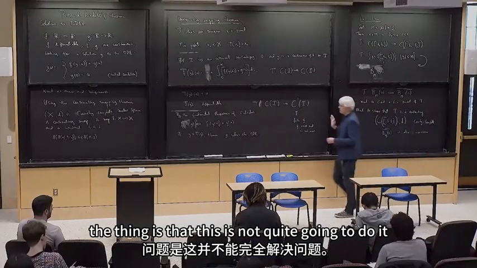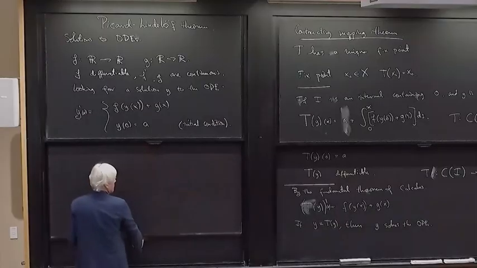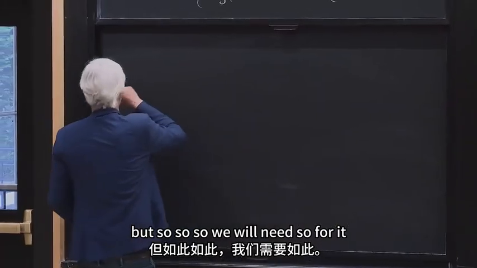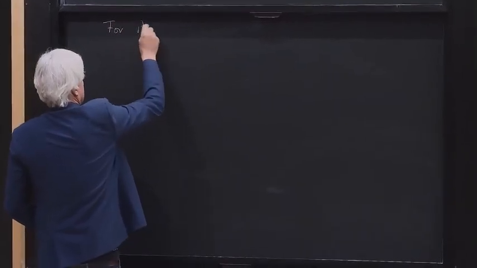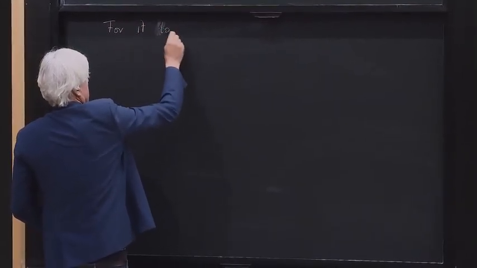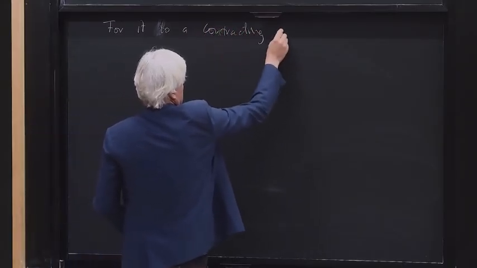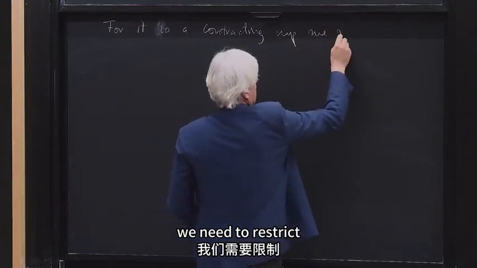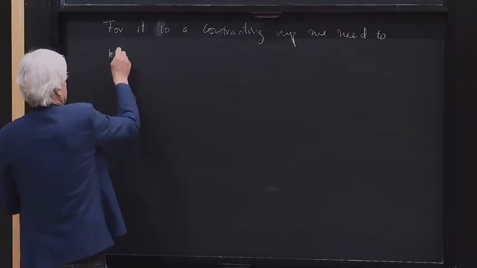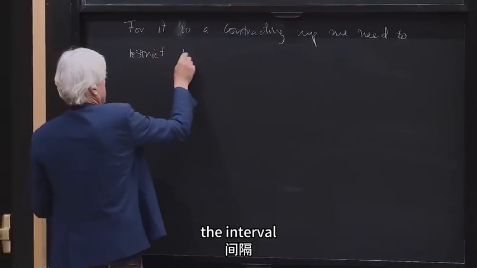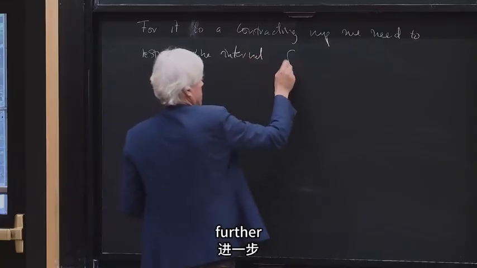The thing is that this is not quite going to do it. It's not quite a contracting map. But so for it to be a contracting map, we need to restrict the interval further.